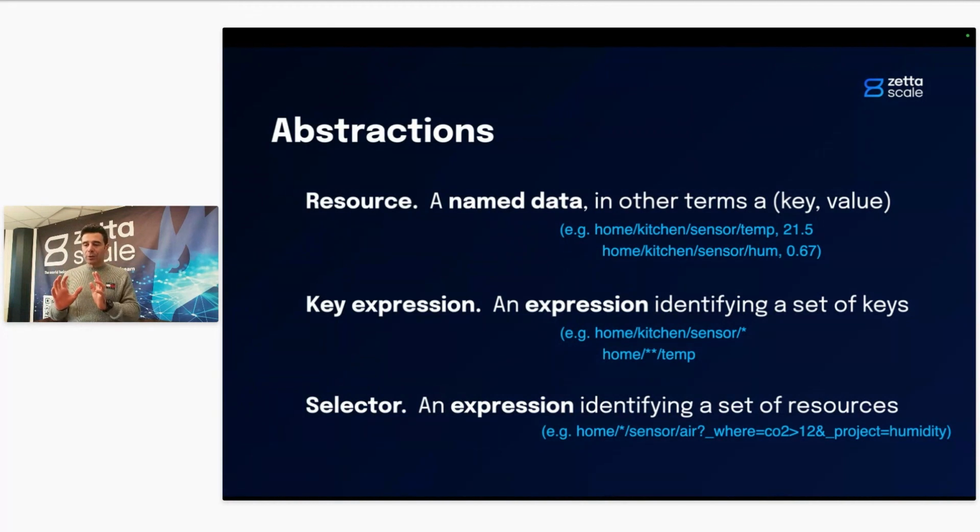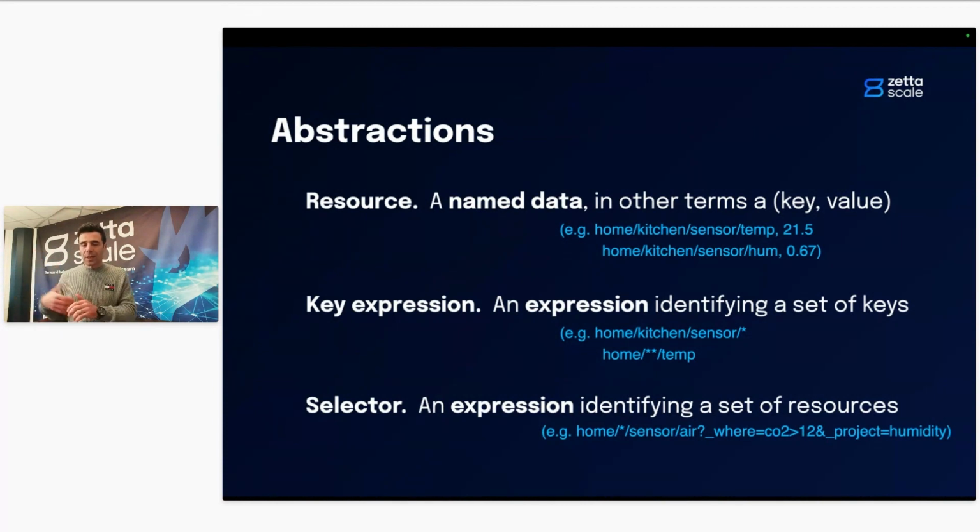Then we have key expression, and a key expression is an expression, sorry for the repetition, that represents or identifies a set of keys, like home/kitchen/sensor/*, or home/**/temp, where the difference between * and ** is that a single star cannot include a forward slash, while a double star can also match a forward slash, okay?